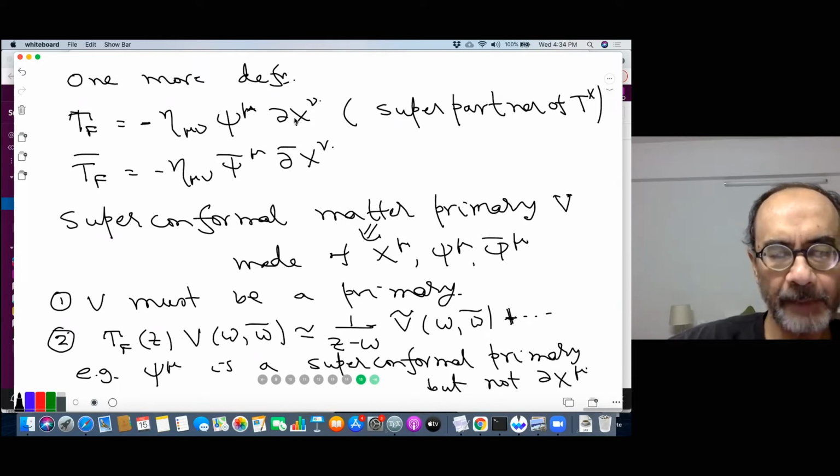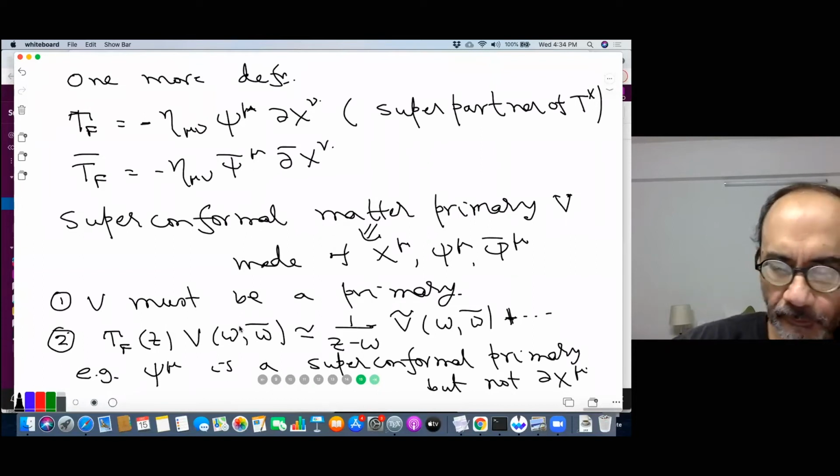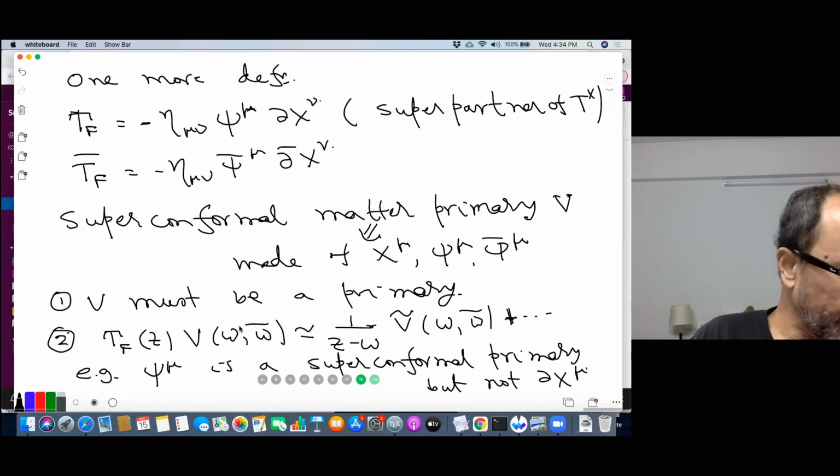Del x mu with TF, because del x OPE has 1 over z minus w squared, will have a double pole, and that violates the condition of a super conformal primary. Again, this definition will be useful later. Right now, it's just a definition.